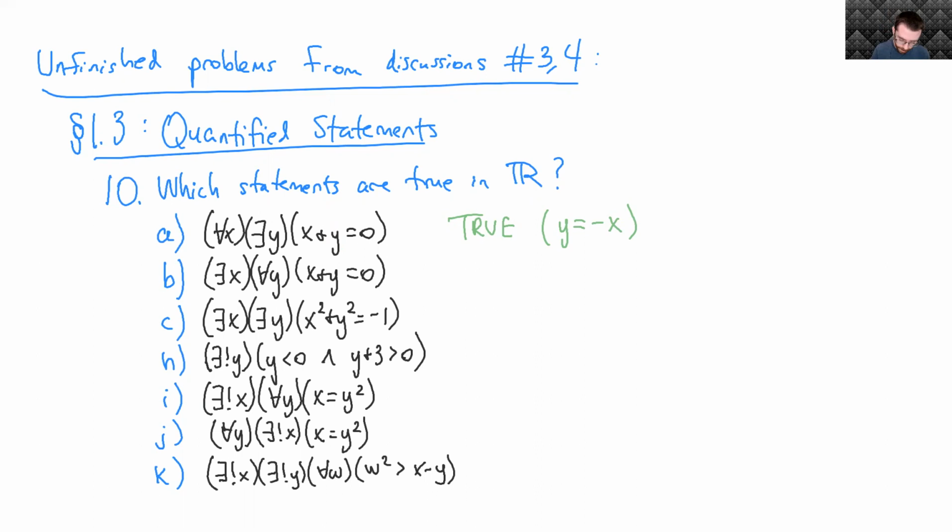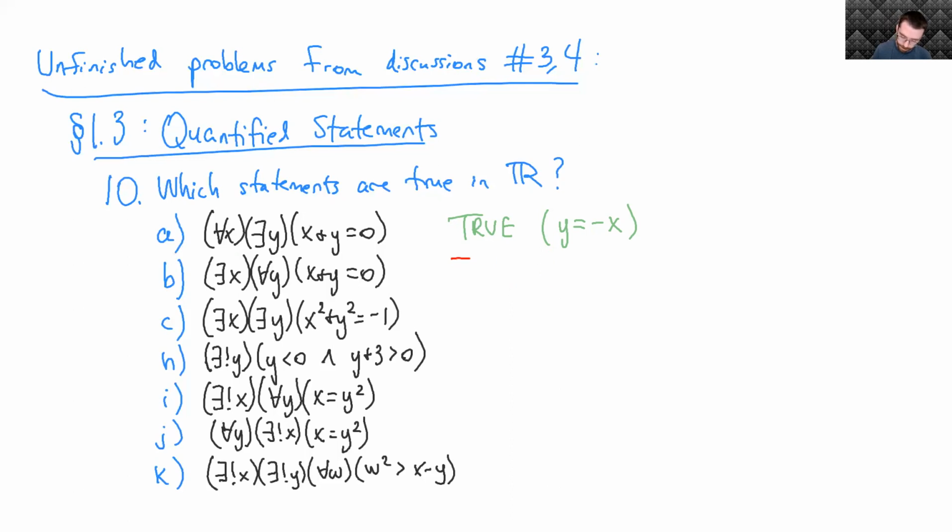So that's a true statement. But what happens if I swap those two? I make it, there exists an x such that for all y, x plus y equals 0. Maybe take a minute to think. I'm going to say false. Maybe we'll provide justification why it's false.